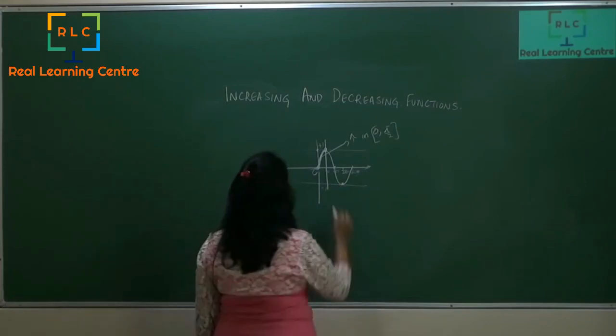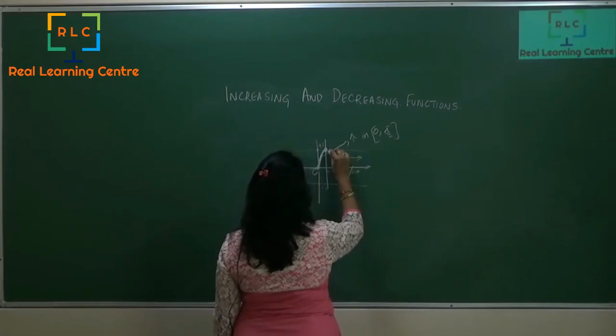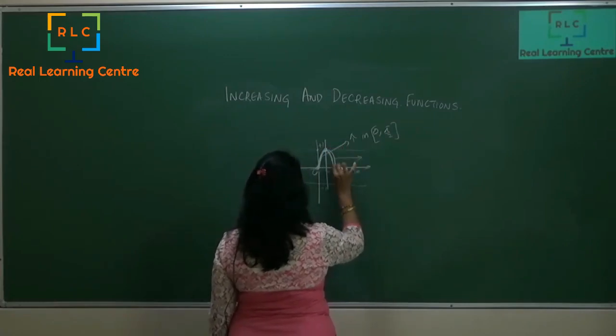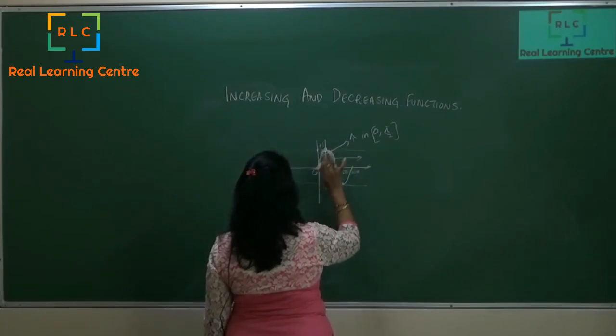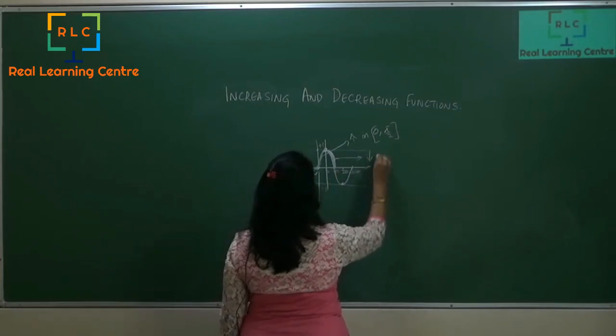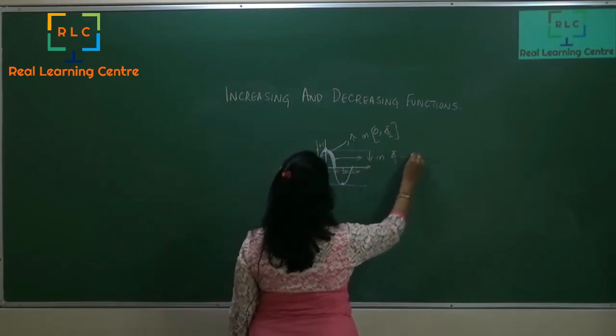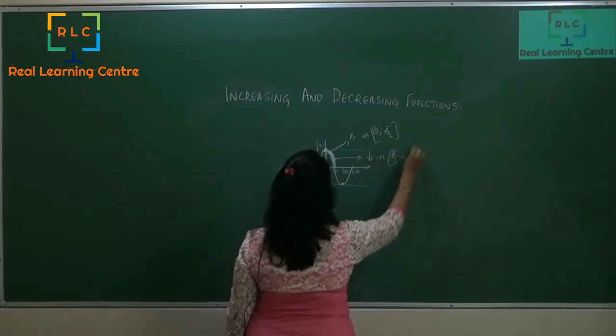See, from pi by 2 to pi it has come down like this. So this is decreasing. See, this part, it is decreasing in pi by 2 to pi, closed interval.